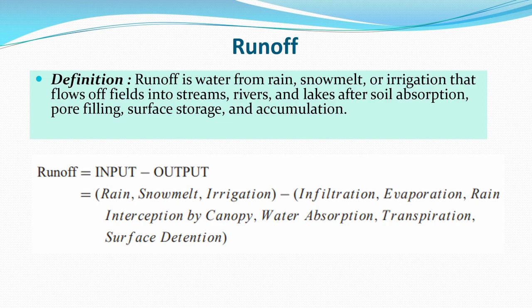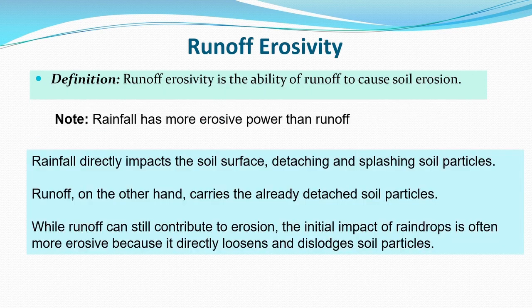So runoff will be input minus output. Resulting flow will be runoff. So once all this absorption, pore filling, surface storage, accumulation is fulfilled, the water that flows is called runoff.